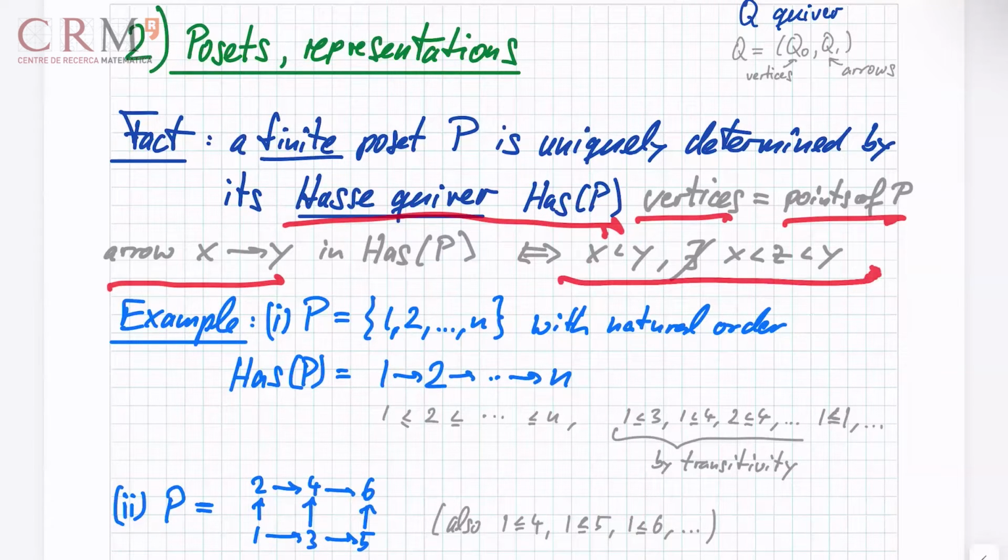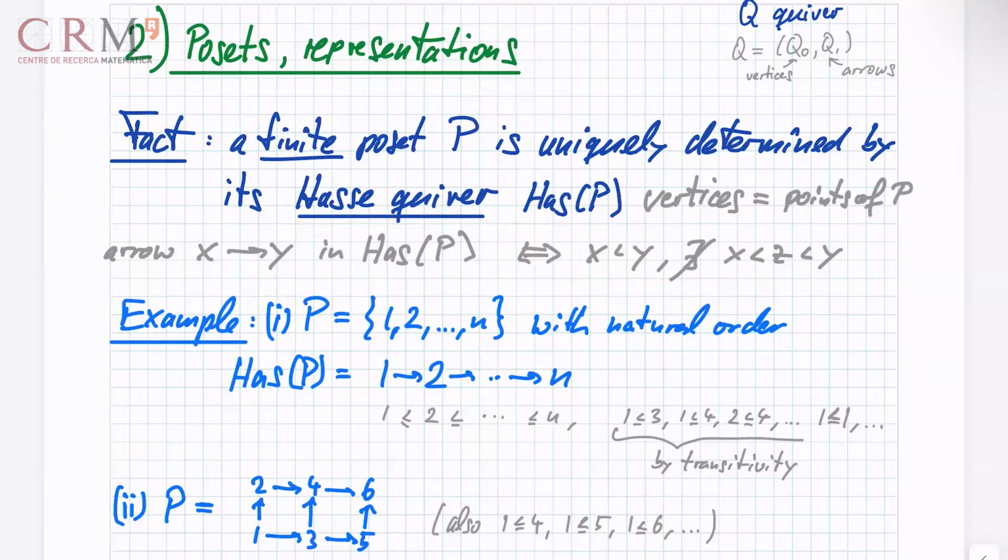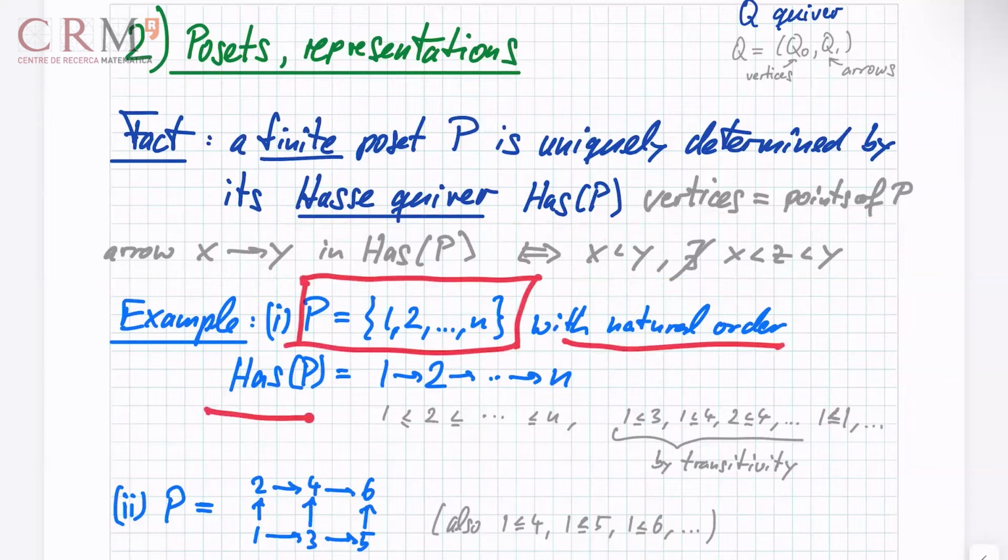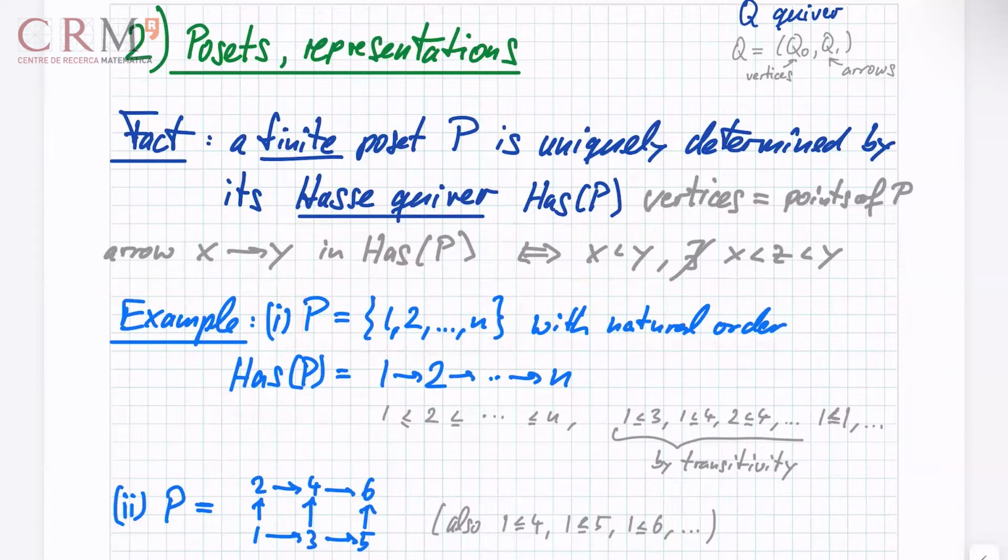So for instance, when my poset P is just the natural numbers 1 to n with the natural order, then the Hasse quiver of that poset is 1 to 2 to 3 up to n. So these are the minimal relations, these are the arrows, and there are more relations by transitivity of the partial order.